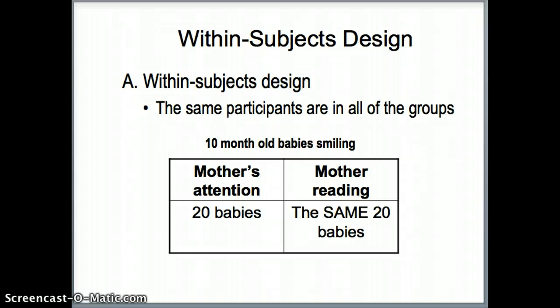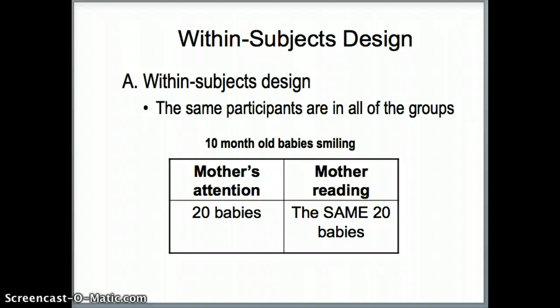And here's a basic within subjects design that we've talked about before, but putting it in context. In this case, the question is, do children smile just as some kind of brainstem response that they'll do for anybody, or is smiling something that is really used at a very young age to try to elicit social interaction?